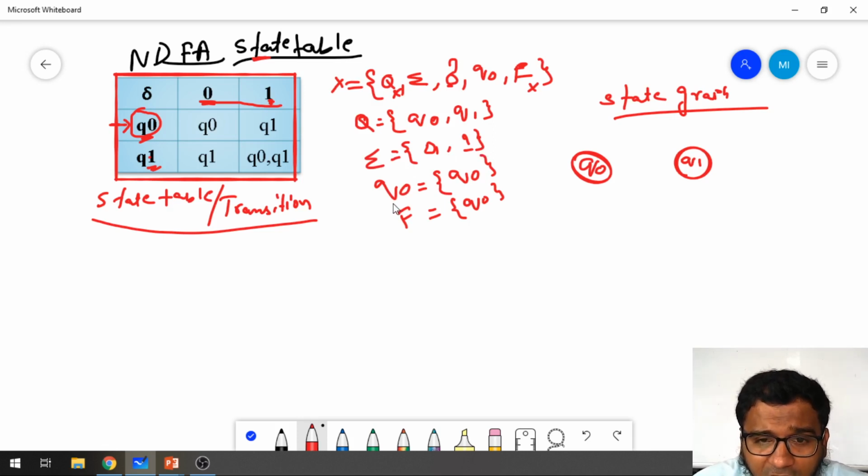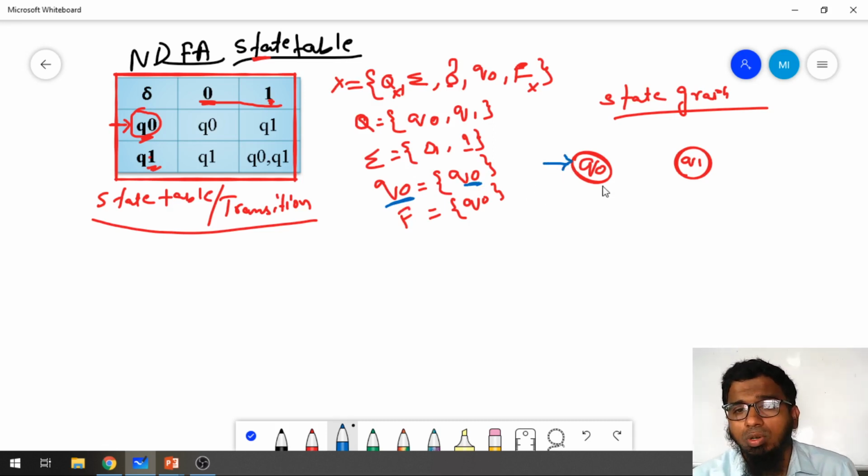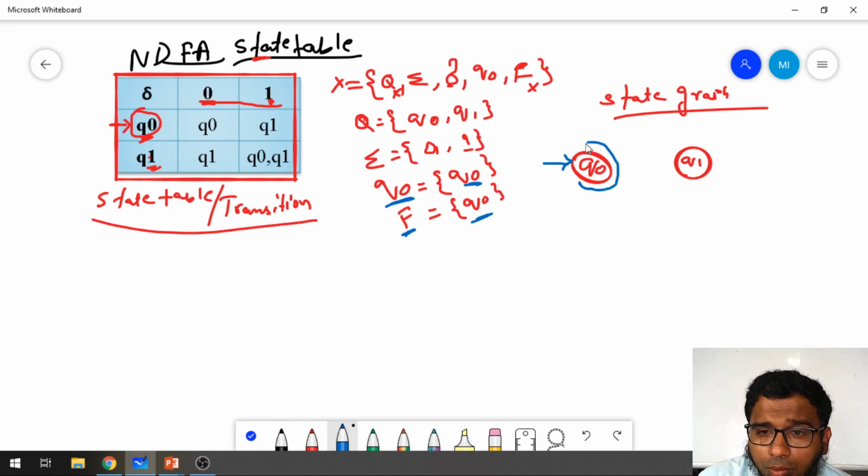So, what is the initial state here? I will change the color. Initial state is Q0. So, take an arrow like this. And what is the final state? The final state is also Q0. This is also a final state.